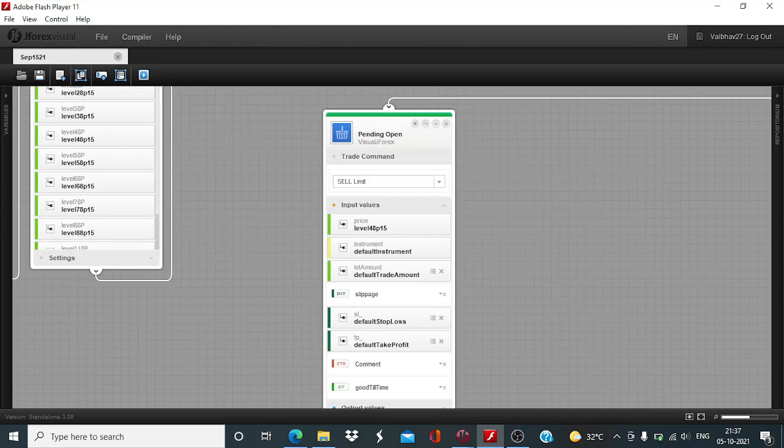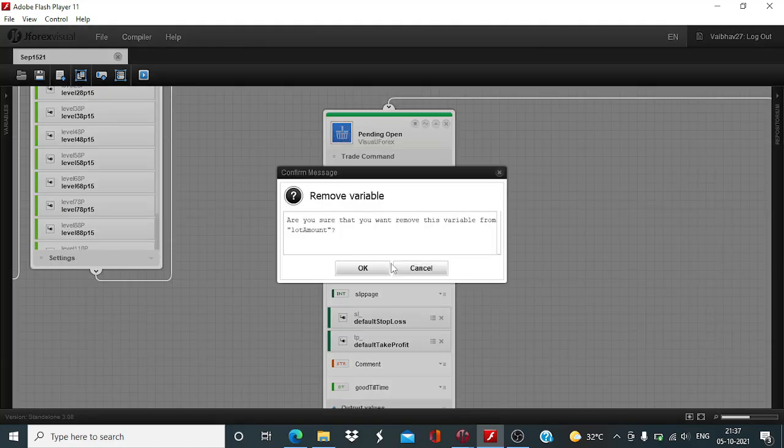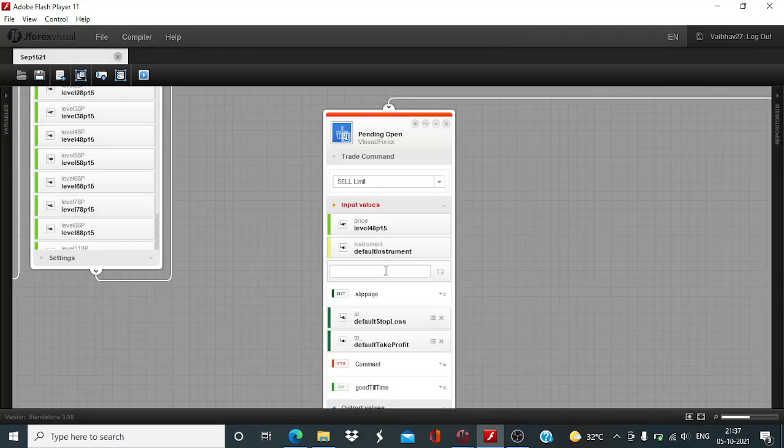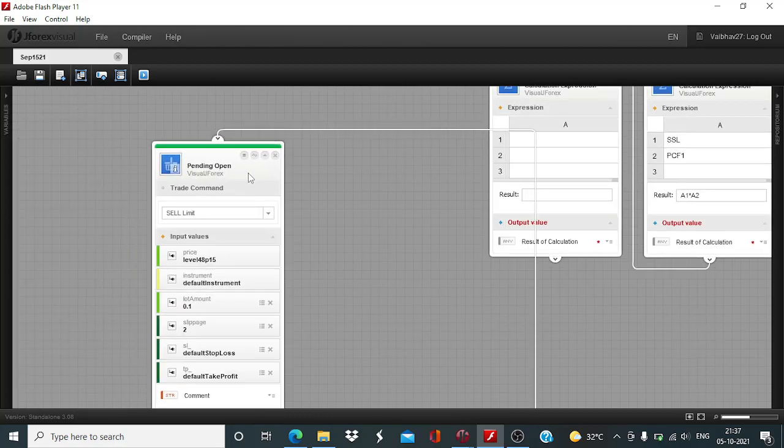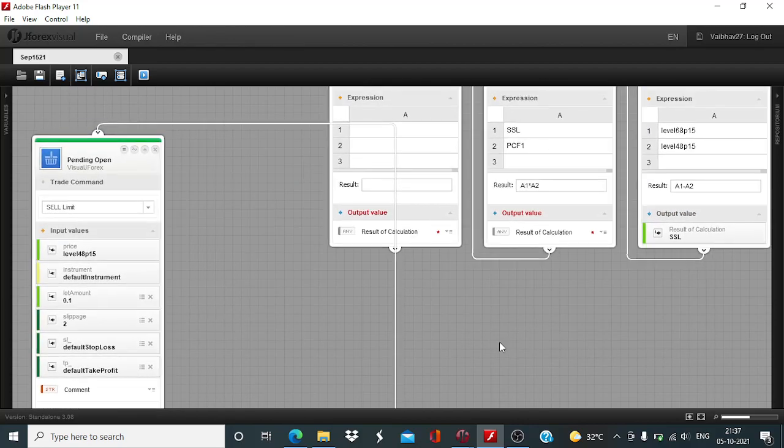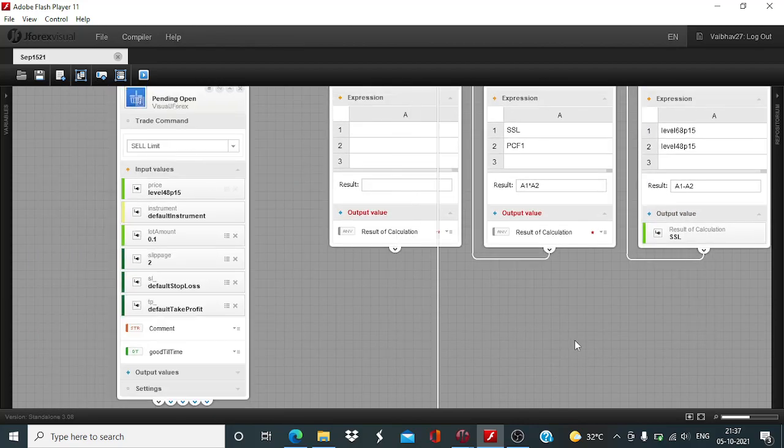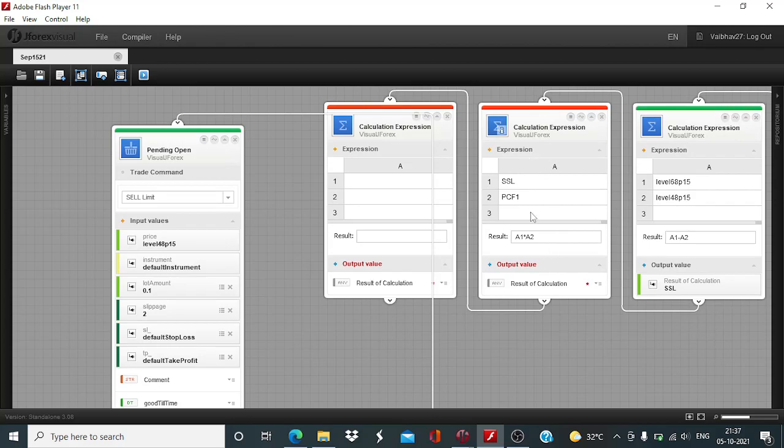Default instrument remains as it is. Trade amount is going to be 0.1 million, slippage 2 pips. Now coming to the stop loss. The stop loss is going to be the result of this calculation.